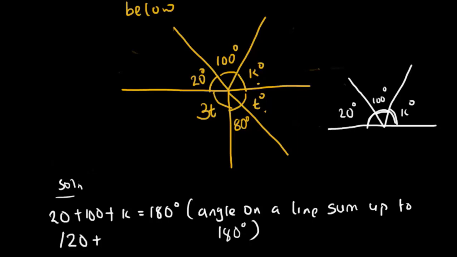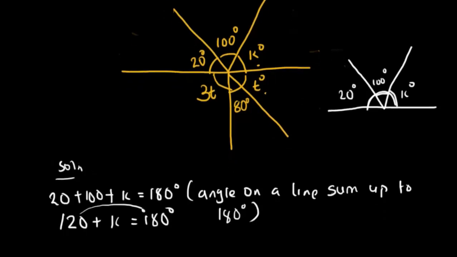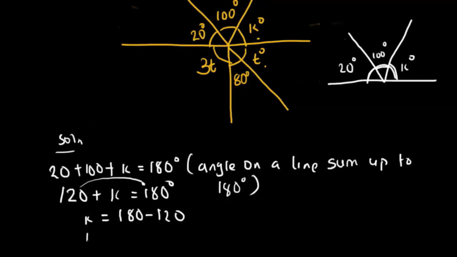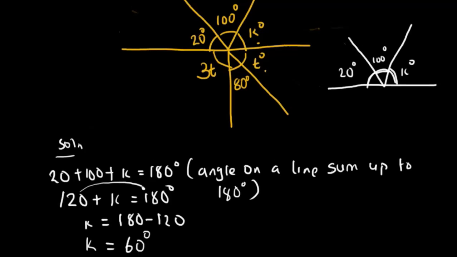So we have 120 plus k equals 180 degrees. We collect like terms. 120 goes to the other side. So we'll be having k equals 180 minus 120. Do you understand? So k equals 180 minus 120 will give us 60 degrees. So it means that k equals 60 degrees.